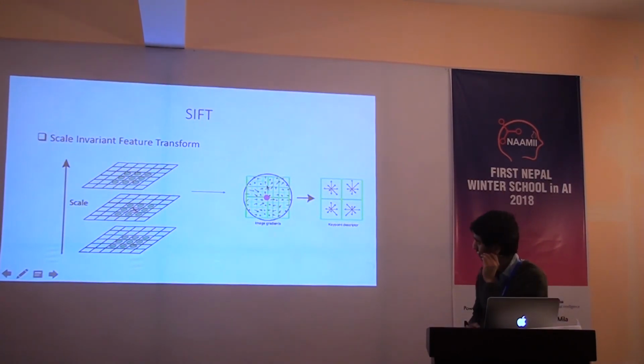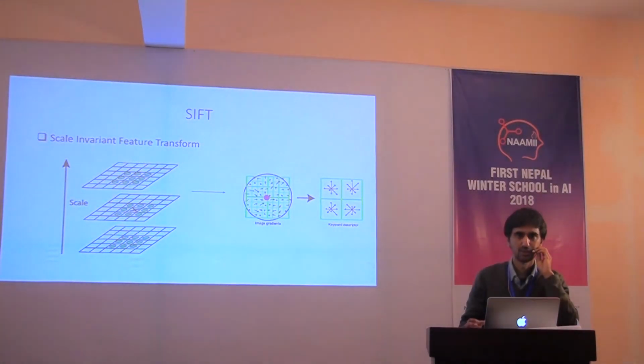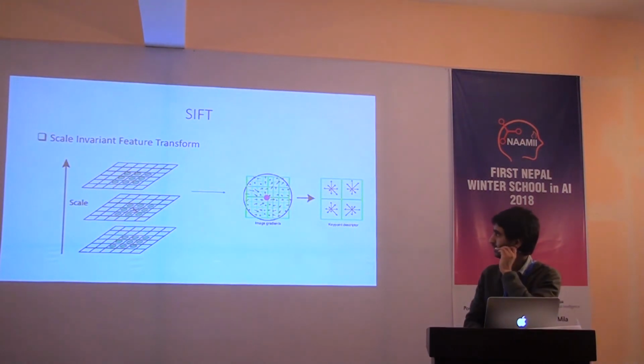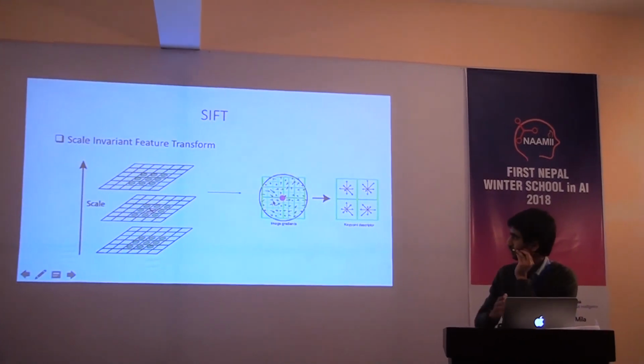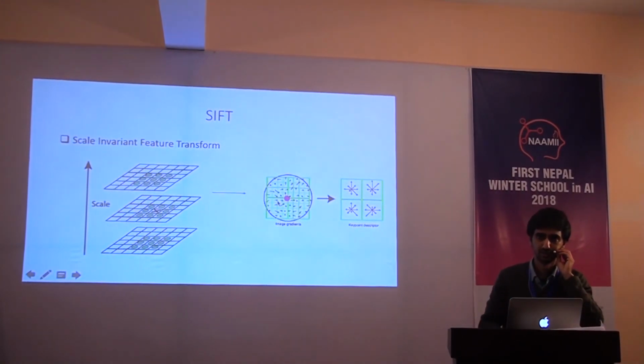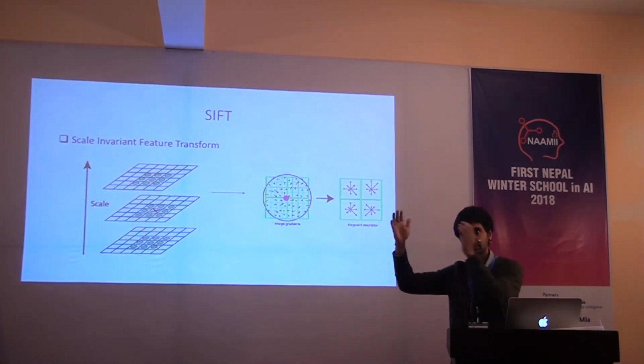So this is a bit involved, but you don't need to remember everything, just the gist of what kind of operations you use. So the SIFT descriptor is basically made from gradients. So you have many gradients, and then you compute the histogram of the orientations of the gradient. So some gradients will be in this direction, some will be in this direction. So you just cluster them.